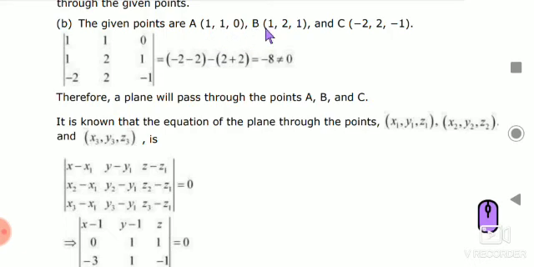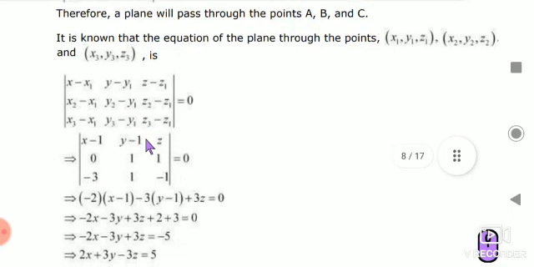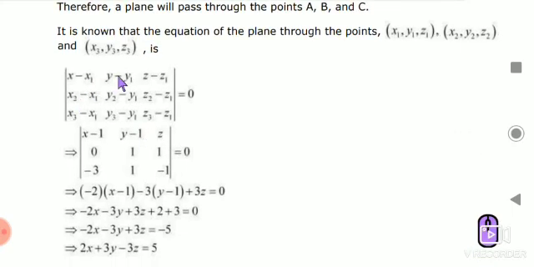Now, our second example, the given points are A = (1, 1, 0), B = (1, 2, 1), and C = (−2, 2, −1). Therefore, the determinant of (1, 1, 0), (1, 2, 1) and (−2, 2, −1) is not equal to 0. Therefore, a plane passes through the 3 points. It is known that the equation of a plane through the points (x1, y1, z1), (x2, y2, z2) and (x3, y3, z3) is given by the determinant with first row x − x1, y − y1, z − z1, second row x2 − x1, y2 − y1, z2 − z1, and third row x3 − x1, y3 − y1, z3 − z1, which is equal to 0.